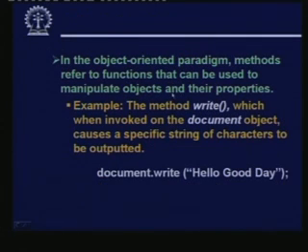Now, another example, this example shows the use of methods. Now, as I said, in object oriented paradigm, methods are nothing but functions which carry out certain manipulations on objects, and as a result of the manipulation, some properties of the objects might get modified, or you can also call or invoke methods of other objects.